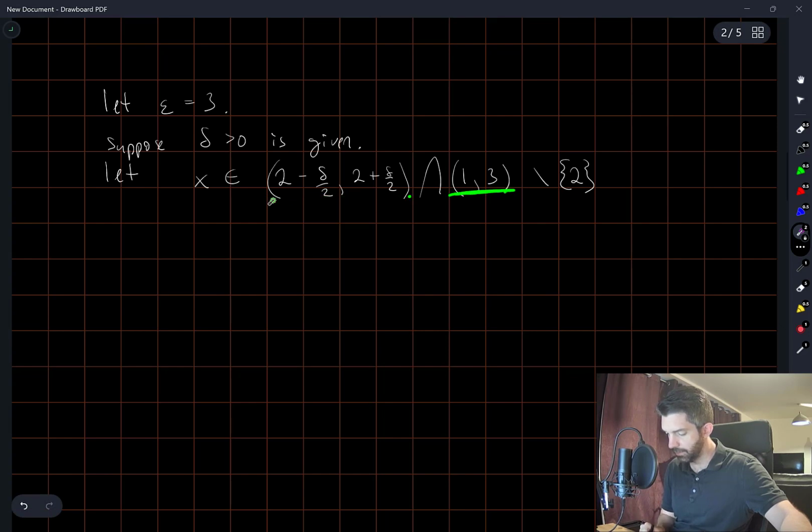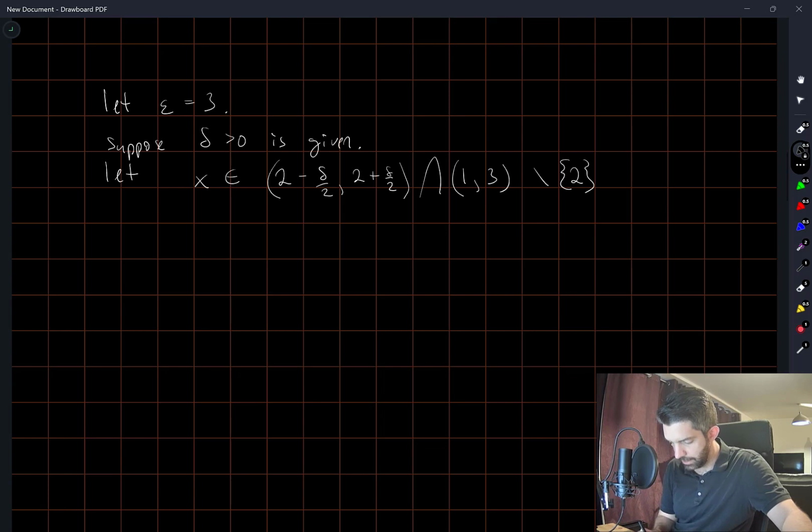This set is always non-empty because delta is positive. So what can we write now? I have the absolute value of x squared minus 3x minus 3.